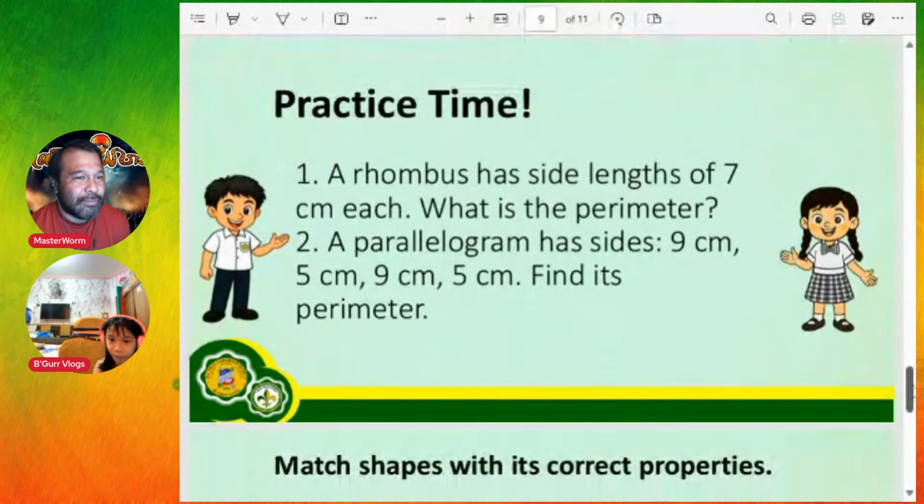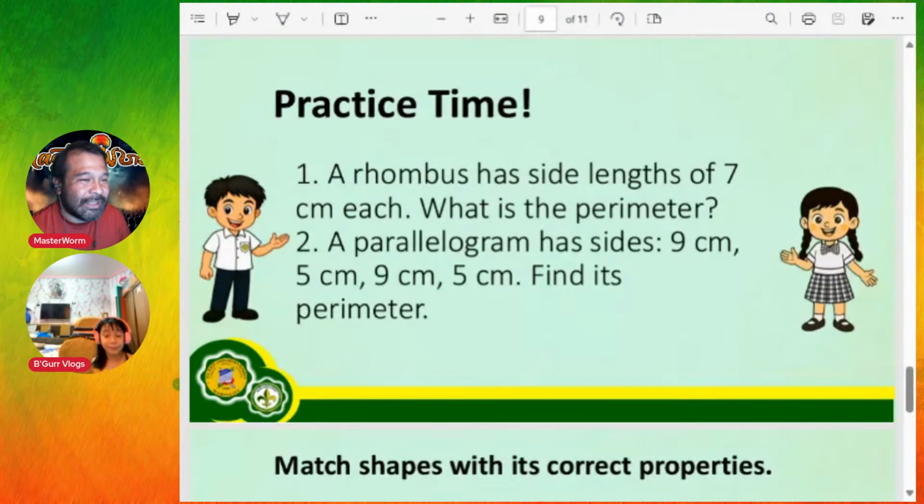A rhombus has side lengths of 7 centimeters each. What is the perimeter? What is a rhombus, baby? How does a rhombus look? I forgot, Daddy. All right, a rhombus has 7 length on each side.